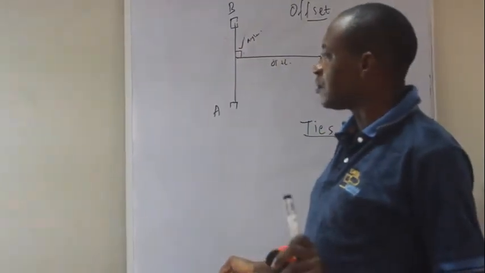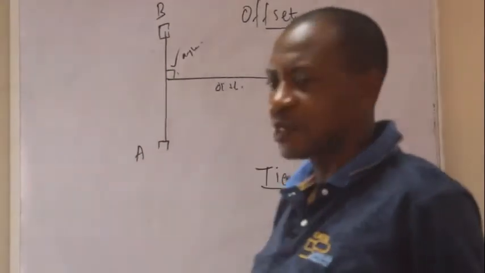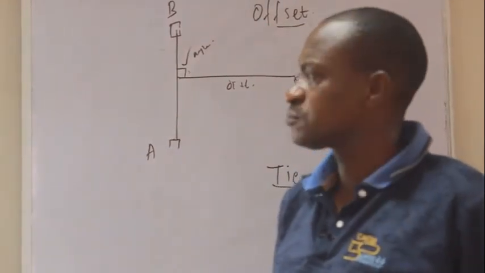Look at it now. A, B, they are known points. We don't know C. When we say points A and B are known, it means they have coordinates. Coordinates are values that we use in representing a position, and that is unique to every position on Earth's surface.